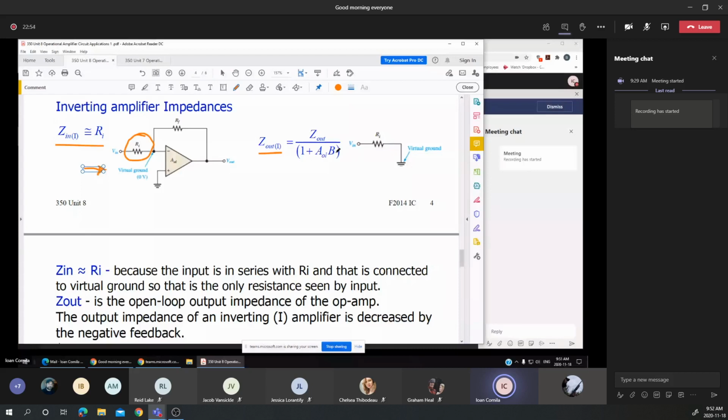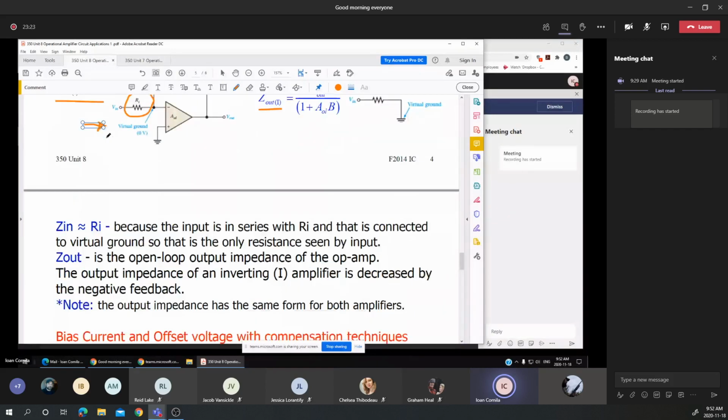Basically, the same equation can be used to determine the output impedance for a non-inverting or an inverting amplifier. The only difference is in the input impedance, which is much smaller than the value provided by the manufacturer for the non-inverting case.